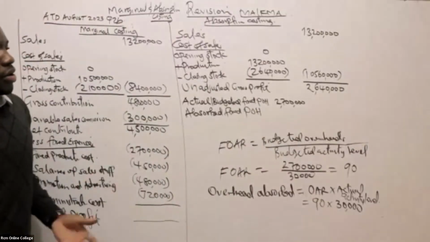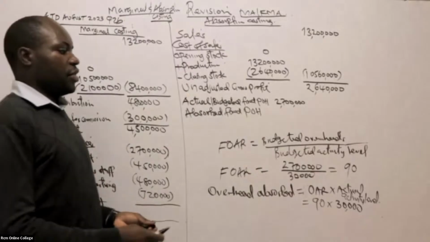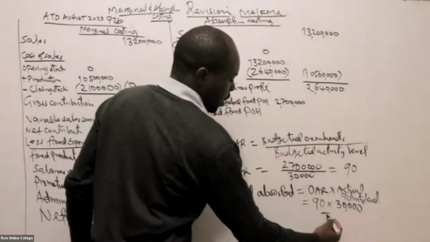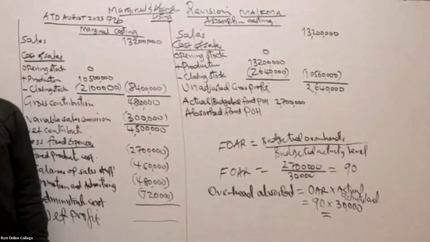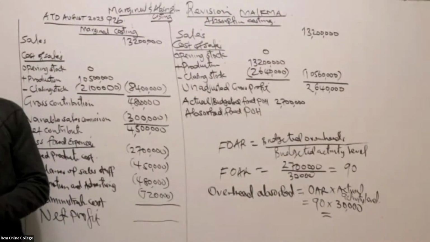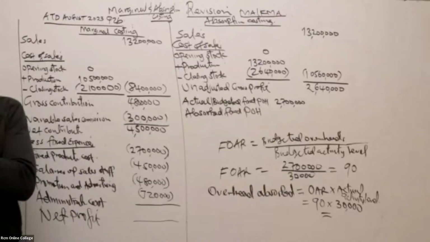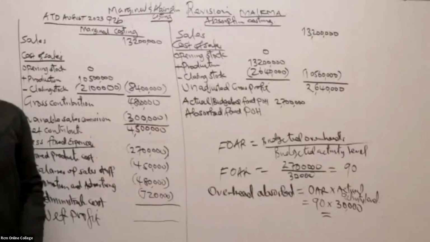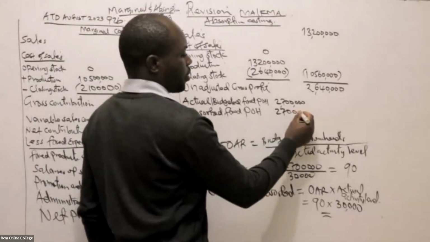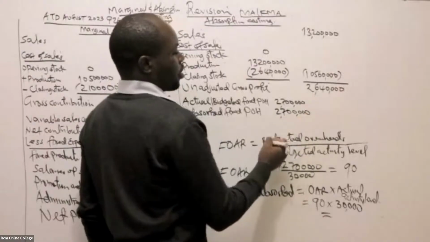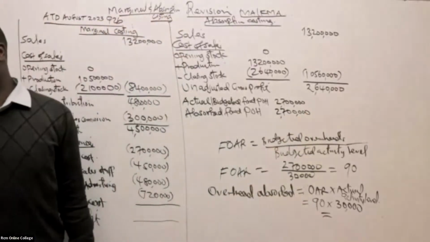Good. So having done that, what are we getting when you multiply? We are getting 2,700,000.